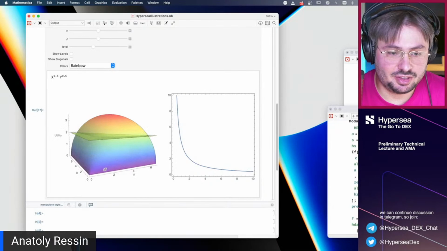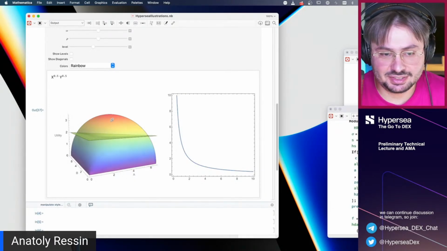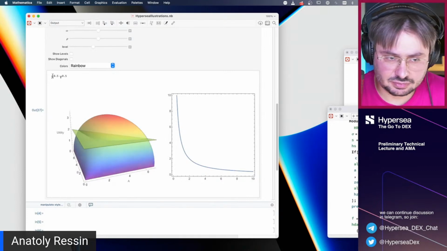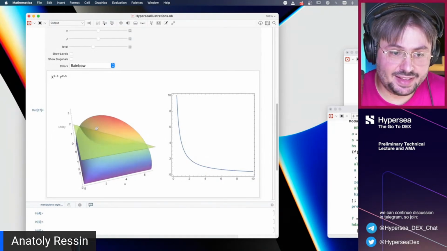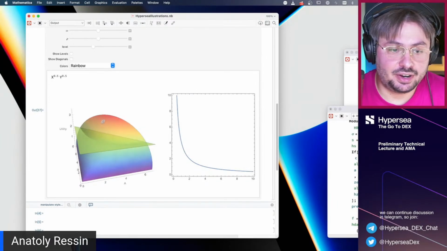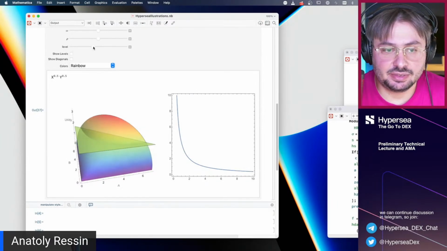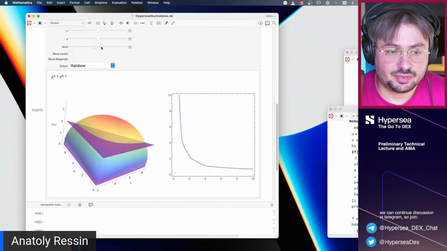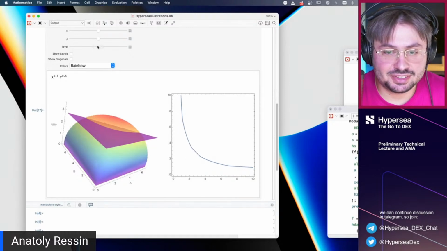So we have axis A, we have axis B, we have a utility that is explained. And when we are selecting the level, I can change this.